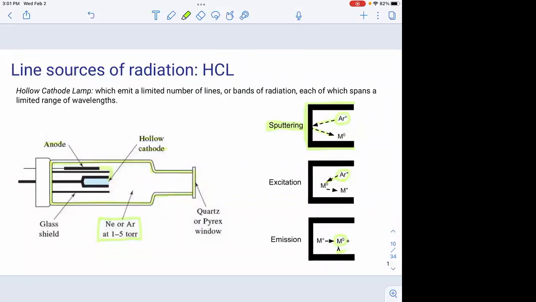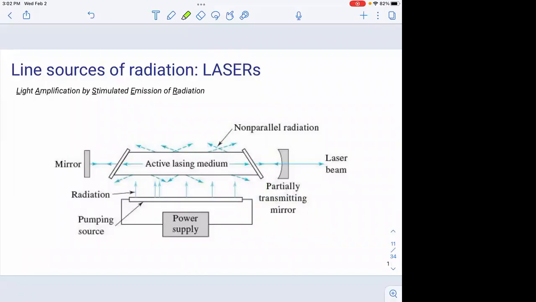Okay, so you are sputtering the metal off of the hollow cathode, you're exciting it through the interaction of that kinetically excited inert gas, and then you are looking for the emission of a photon from that metal as it returns back down to ground state. All right, so that's sort of how a hollow cathode lamp works.